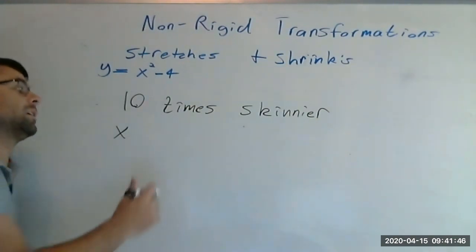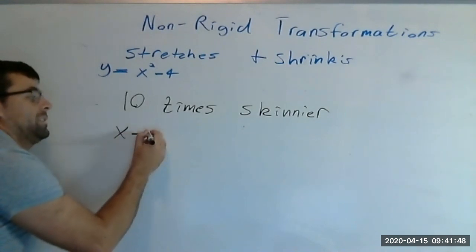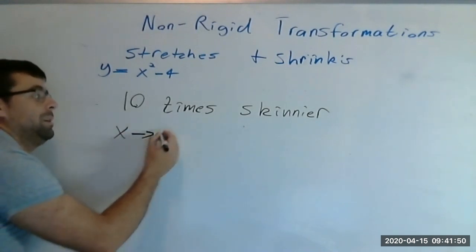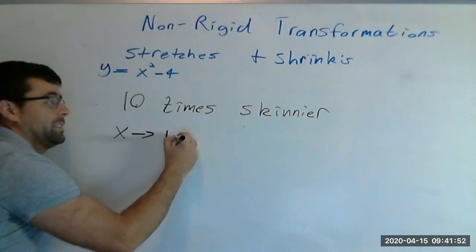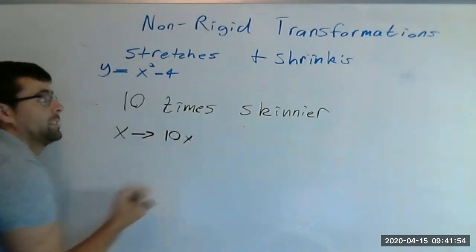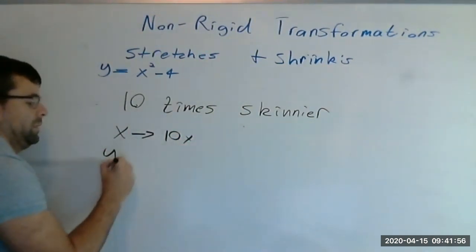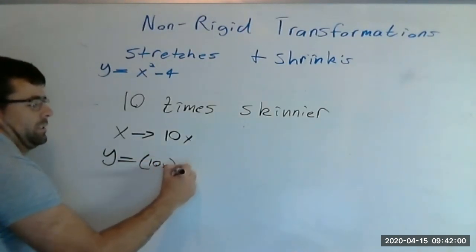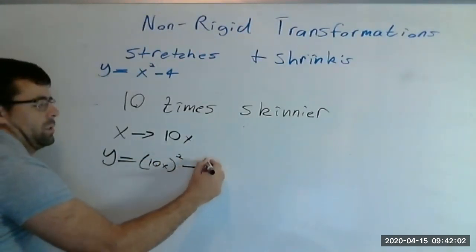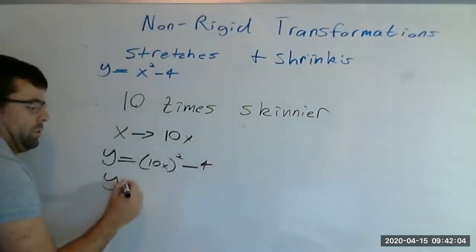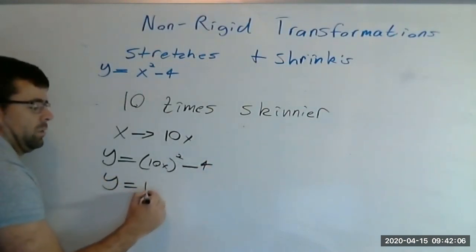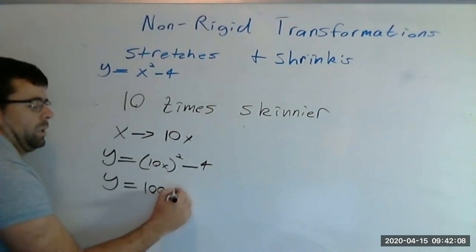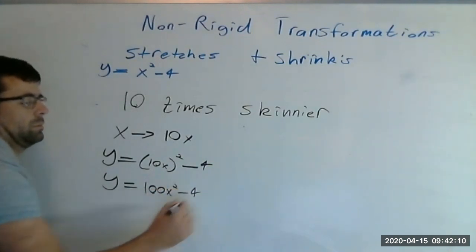So X needs to be bigger. So it's 10X. Plug it in. Y equals 10X squared minus 4. Solve and simplify. Y equals 100X squared minus 4.